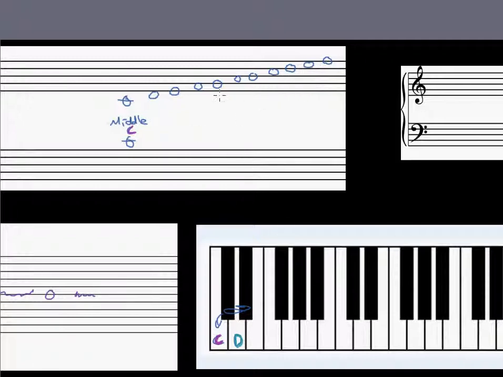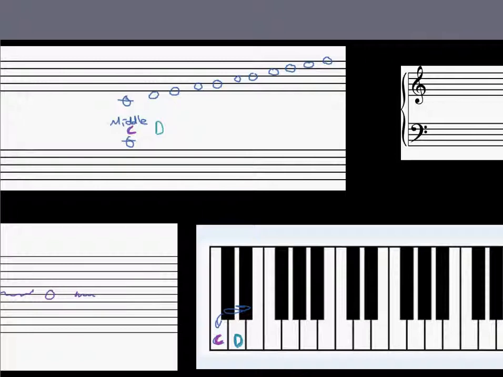Pause the video, have a think about it, and when you're ready, unpause it, and we'll work this out together. All right, 1 note up, line, space. If you thought this one here was D, that's absolutely right. Well done. If not, that's fine. That's what we're doing these videos for.